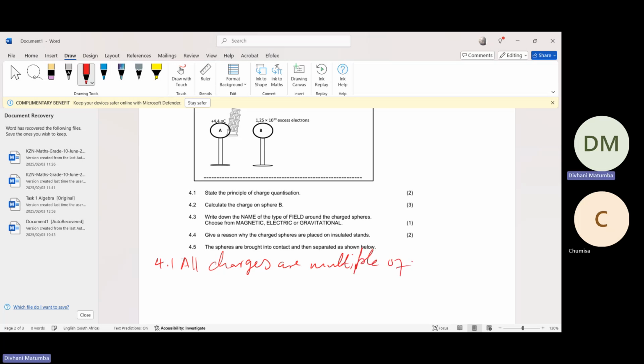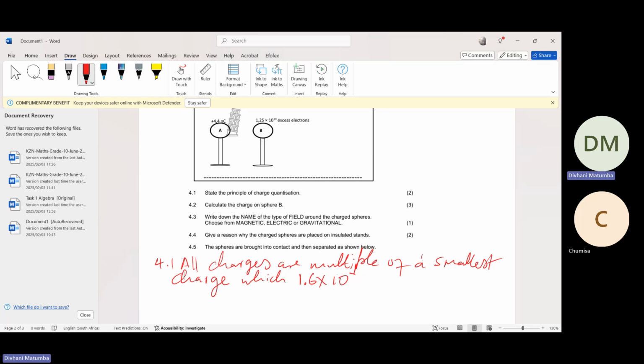Which is, what is the magnitude of an electron? It is 1.6 times 10 to the power of -9 coulombs. -9 or -19? -9, sir.